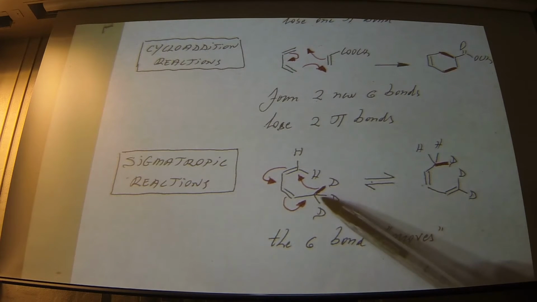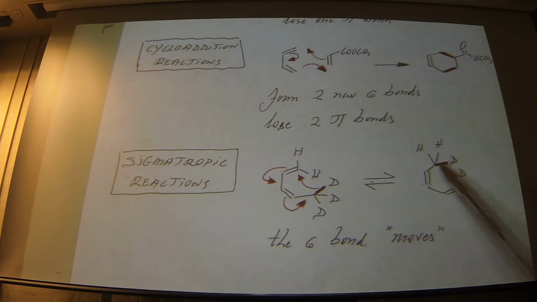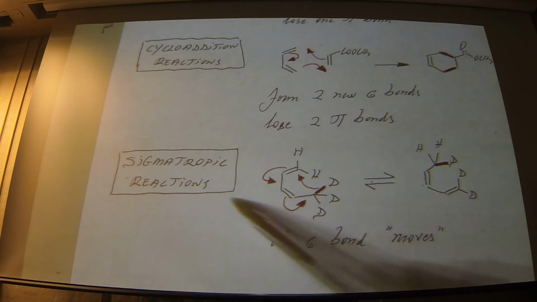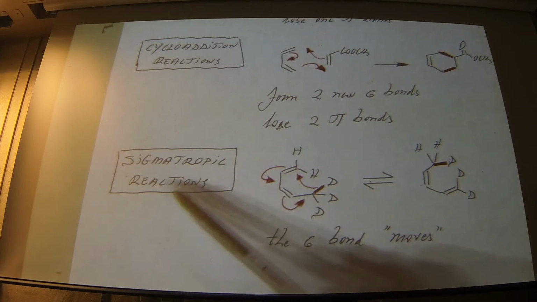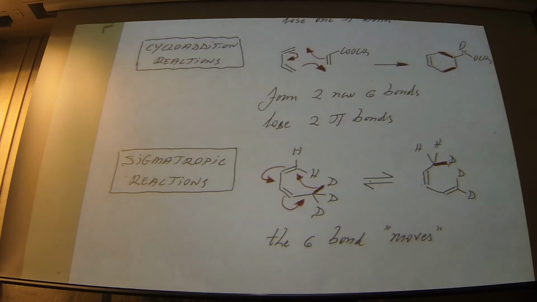I've shown this trideuterated compound, and I've highlighted one of the carbon-deuterium bonds. So think of this sigma bond. I've pushed arrows for you, but imagine this deuterium migrating with the sigma bond from this carbon to that one. And that gives you this compound. So this is a sigmatropic reaction, which just means a migration, a movement of a sigma bond.